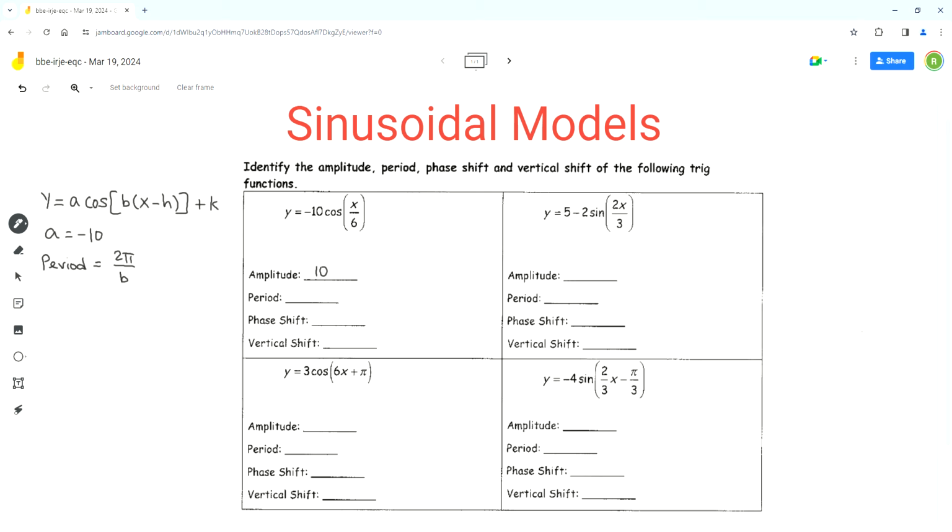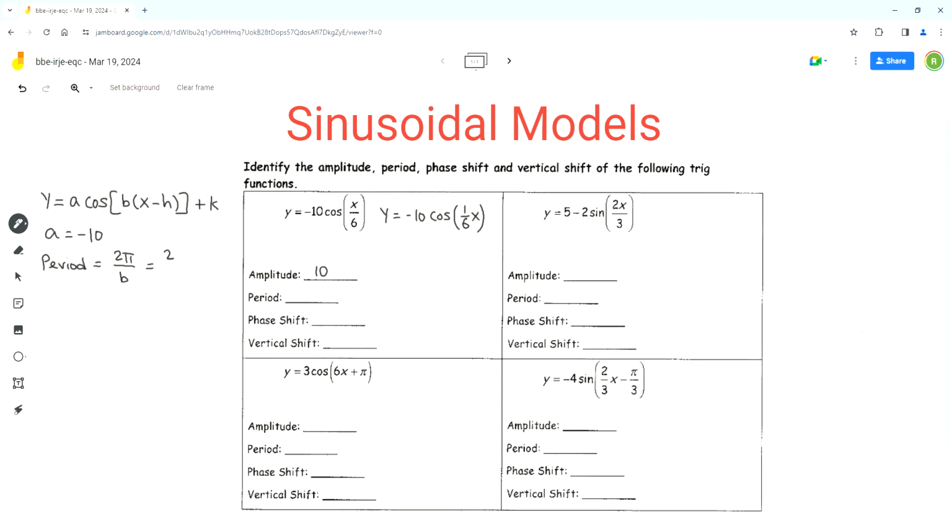Now in this equation we can rewrite this term in the brackets as -10 cos 1 over 6x. So 1 over 6 times x is the same as x over 6. So that's why we can break it up as 1 over 6x. That makes it easy to identify the value of b. So the value of b in this case is 1 over 6.